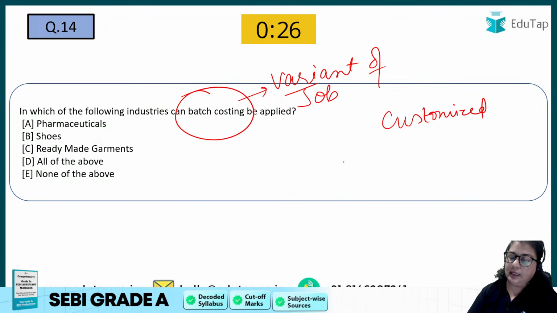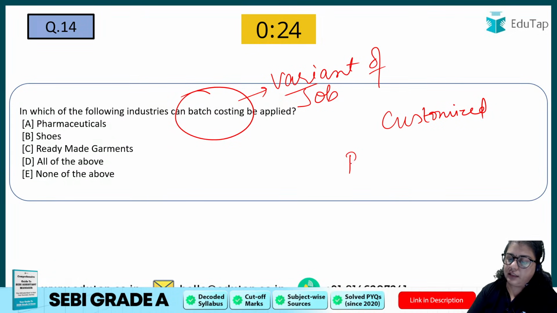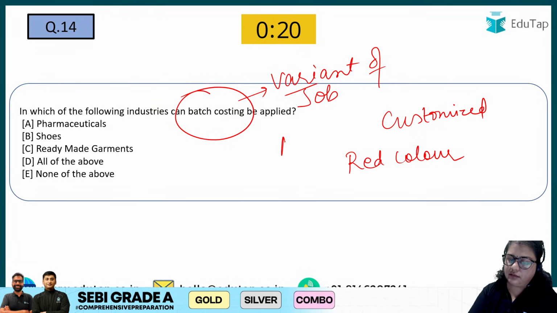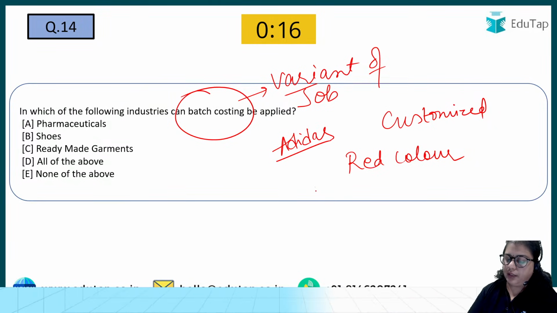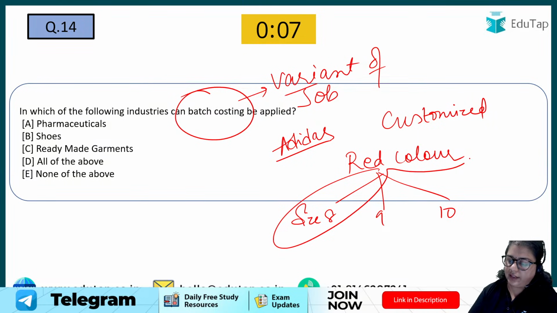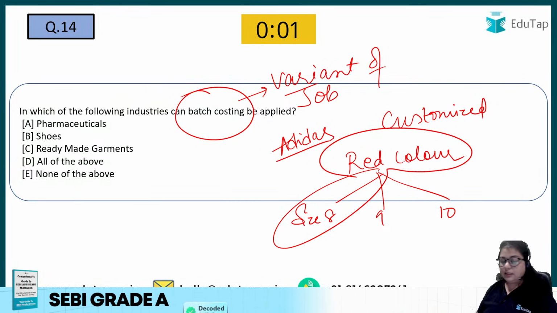For example, I need a red color shoe. Red color shoes have to be made by Adidas, a shoe company, in different sizes: size 8, 9 and 10. For size 8 of red color, there will be one batch. Then red color size 9 will be one batch, and similarly for size 10 also.